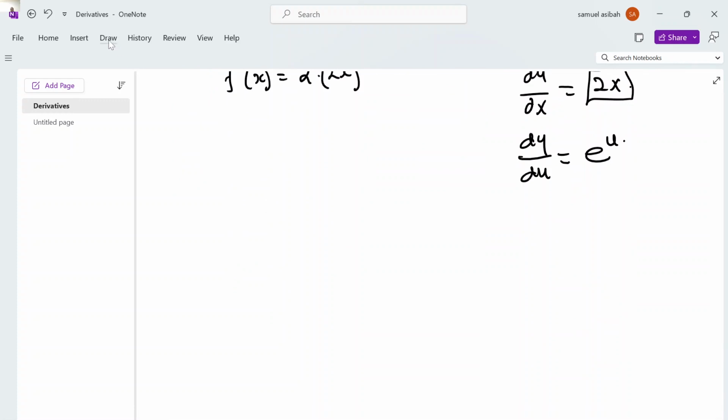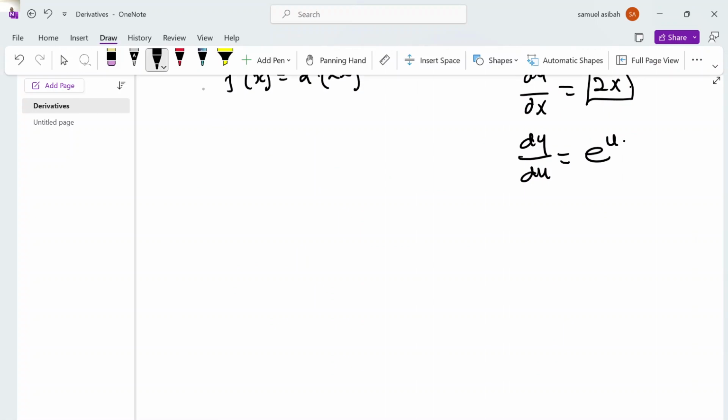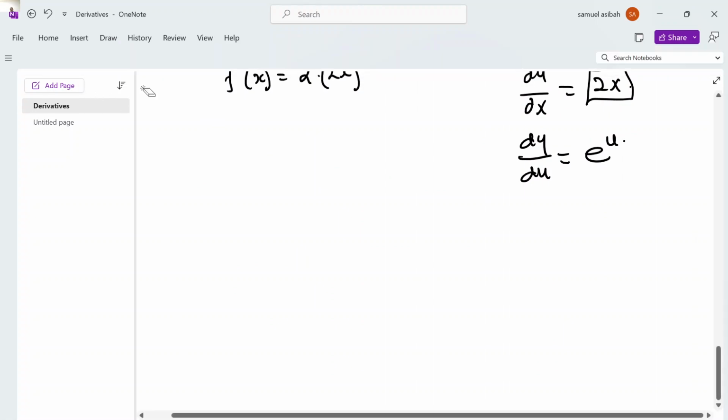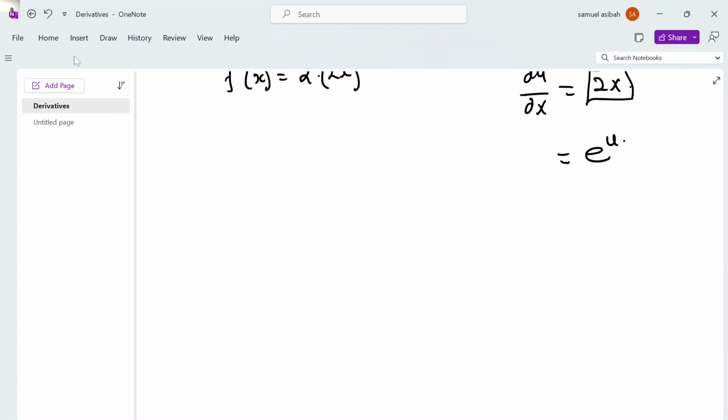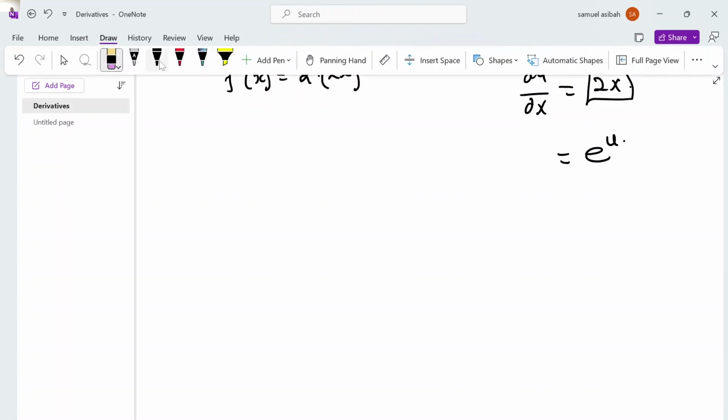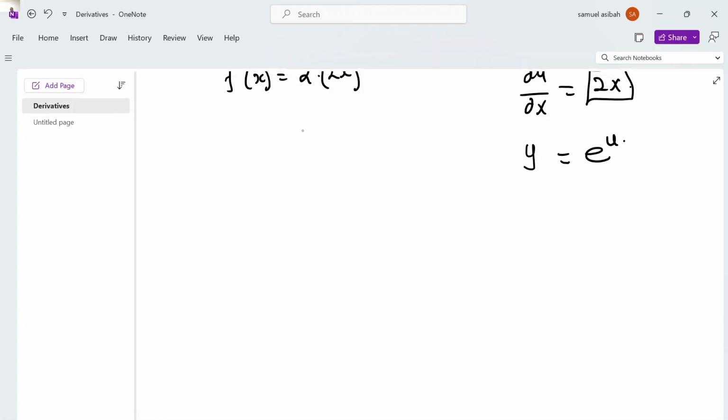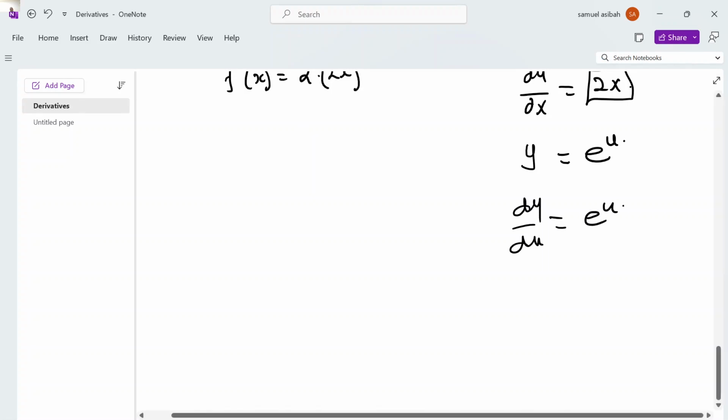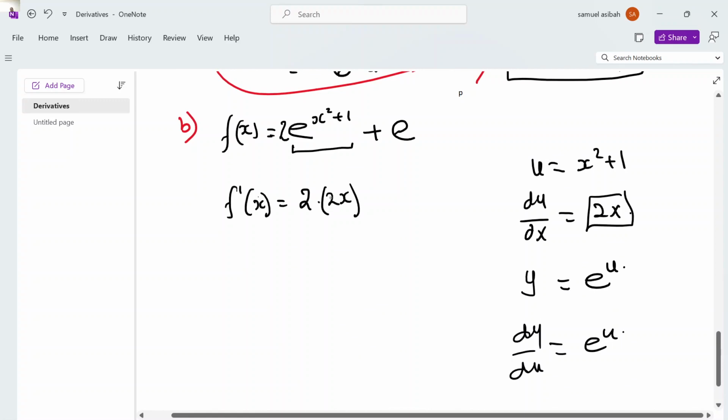Before you write the final part here, let me put it clearly: our y is equal to e to the u, so dy over du remains e to the u.